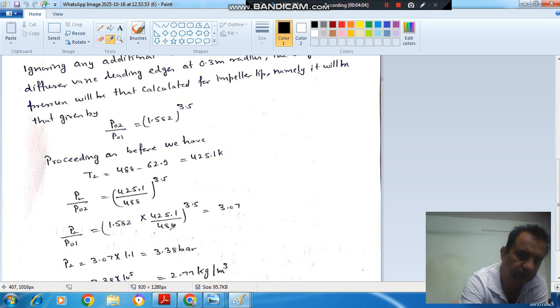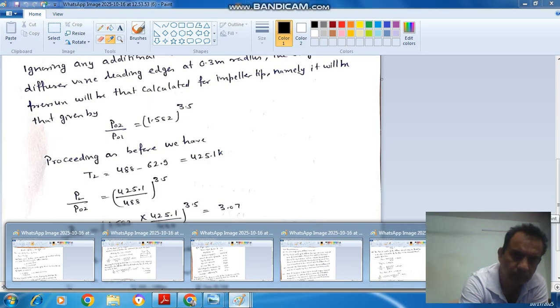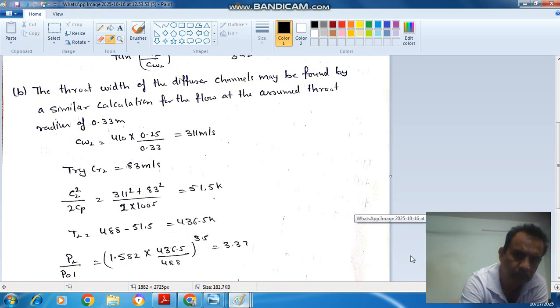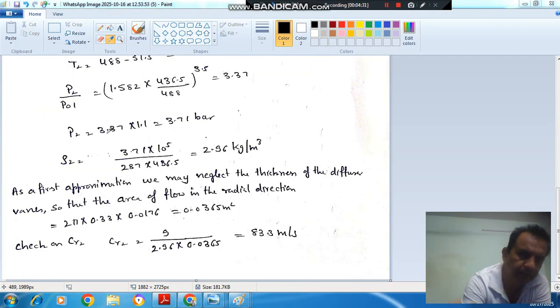We have calculated a different T2, and in this relationship we can replace T2 by this quantity, 436.5. Otherwise the relationship is same. So from this P2 by P01 comes out as 3.37, and then P2 can be calculated by multiplying by 1.1, so it will be 3.71 bar.